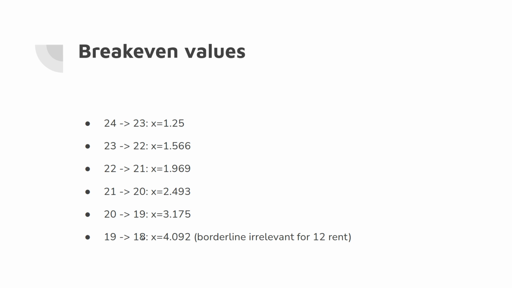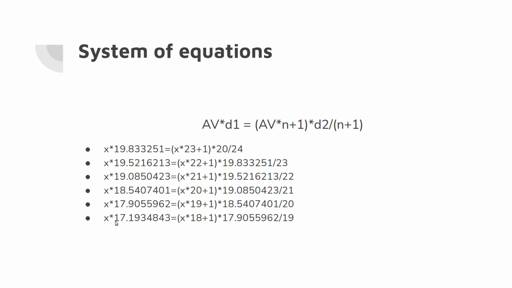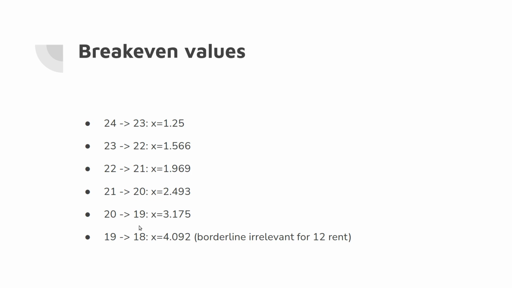So as a reminder, if we have 18 symbols, then we expect about 17.19 symbols to appear on the board.